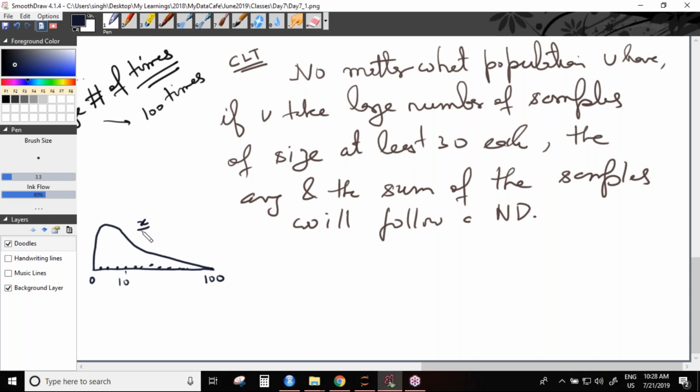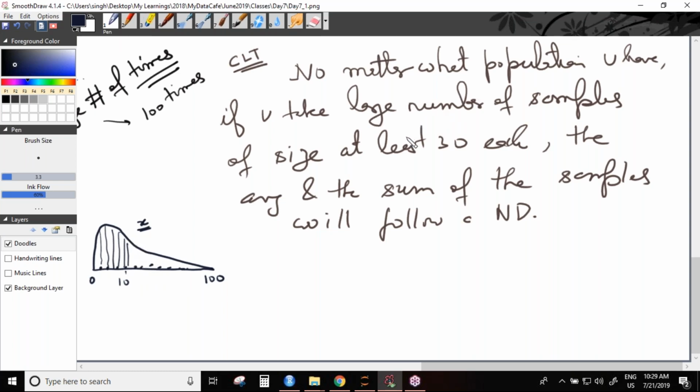So let's say this is your x, this is your population. You see, the height of these bars is more, which means these numbers are present more in data, and the numbers after 10 are present less. Okay, so this is your population. It is not normally distributed.